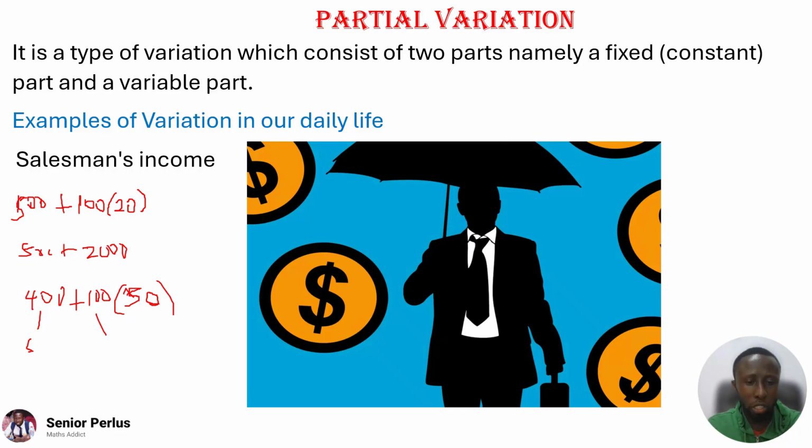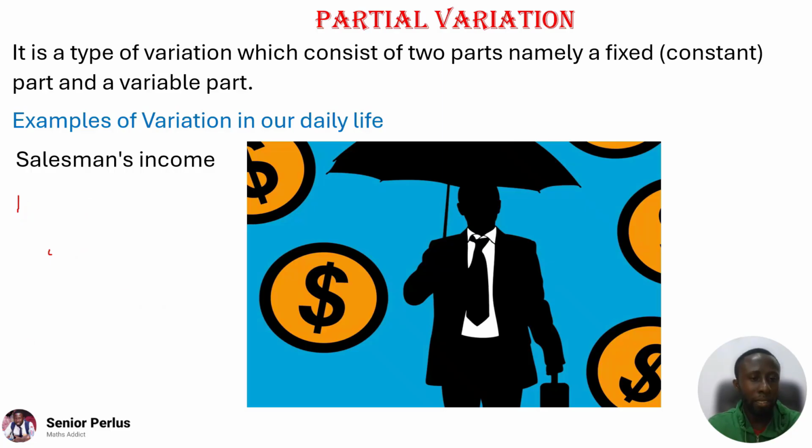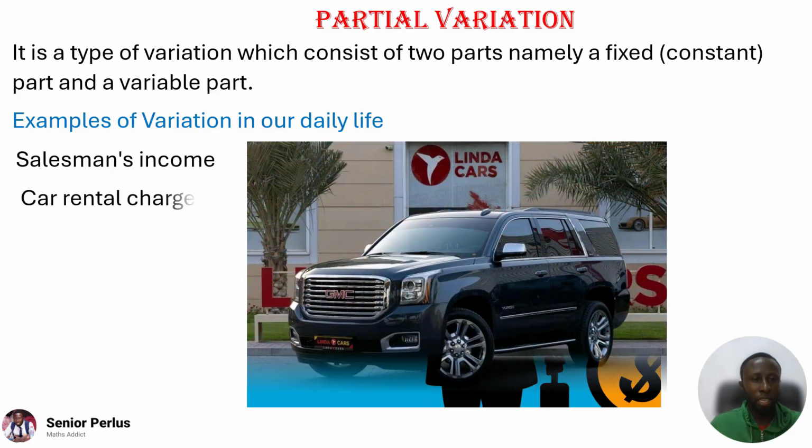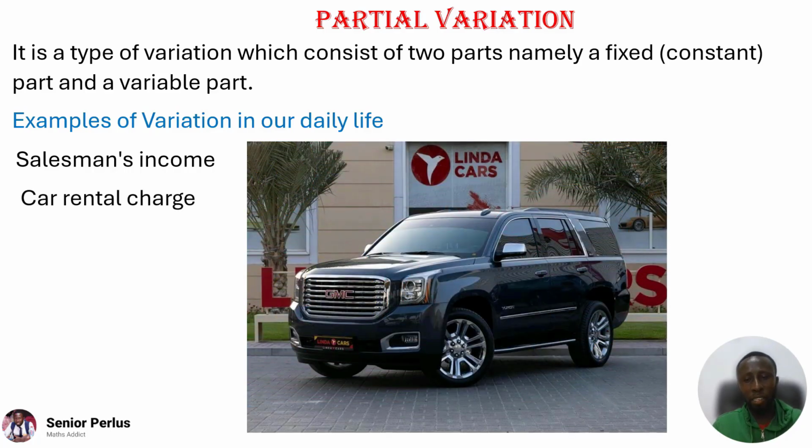We normally deal with partial variation in our daily life. So we have the salesman's income. Now, car rental charges. You go and rent a car at the garage.